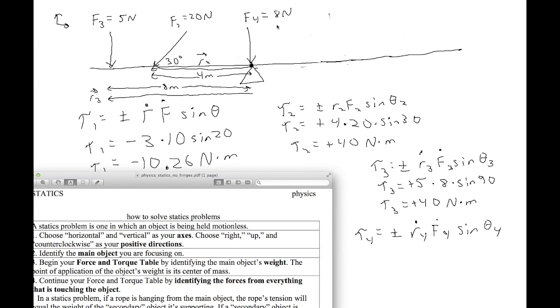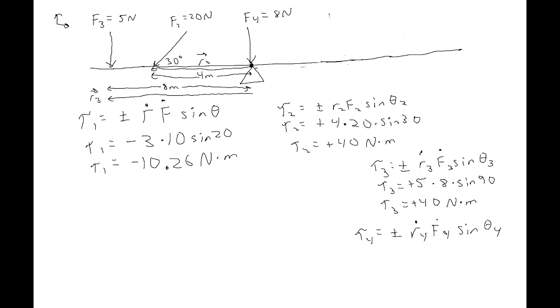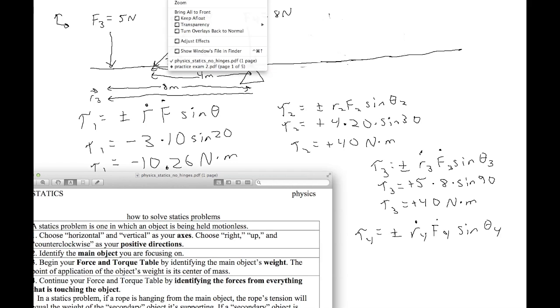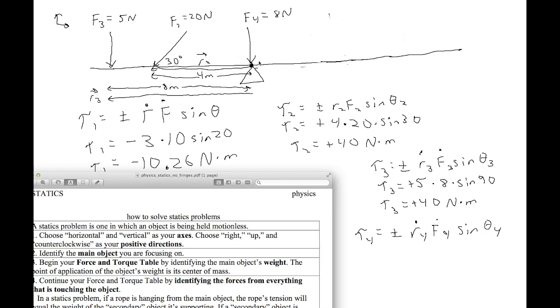All right, so I'd asked you what was the torque from this F4 force, and I think you figured that out. Here you can't draw R, because R would start at the pivot and would also end at the pivot, because that's where the force is being applied.